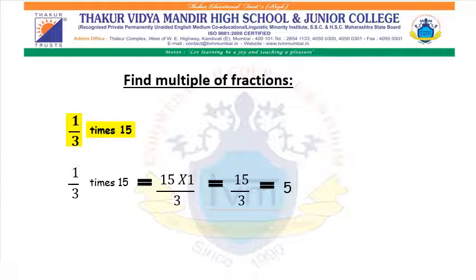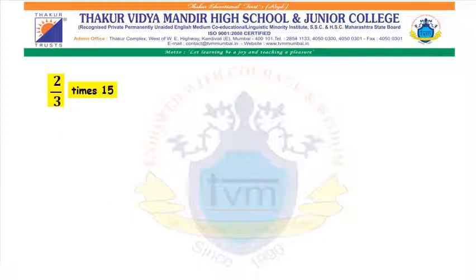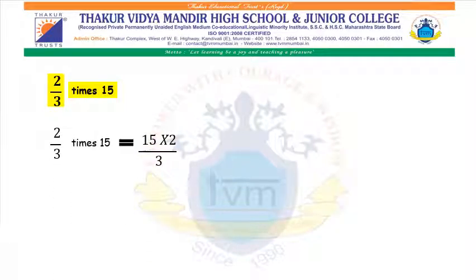One more example. 2 upon 3 times 15. So what you are going to do? 2 multiplied by 15 divided by 3. So you will get 10. So 10 is 2/3 times of 15.